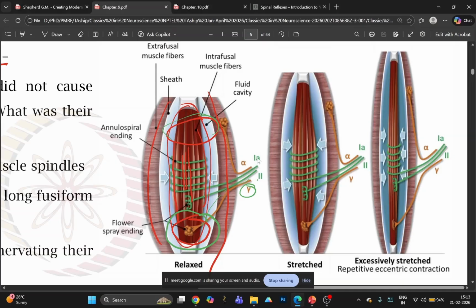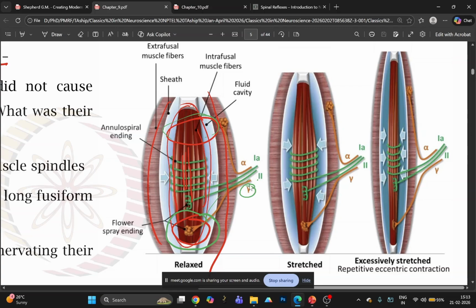Yeah. So these 1A and 2 sensory neurons are basically carrying away the information from the muscle spindle, and they are present at the center of the muscle spindle. They have this flower spray ending. So they have these branches, and from there, they carry the stretch information away from the muscle spindle to the spinal cord.